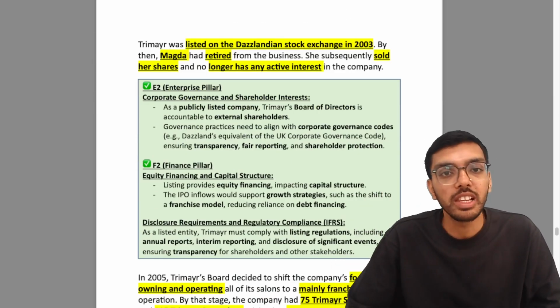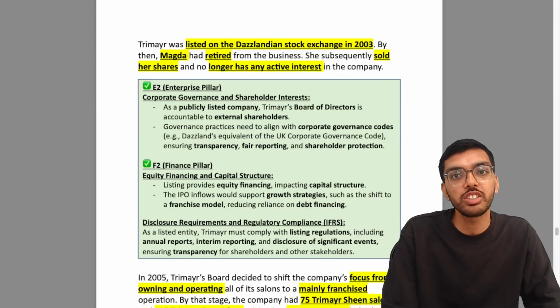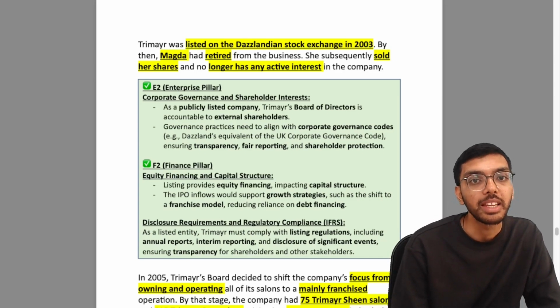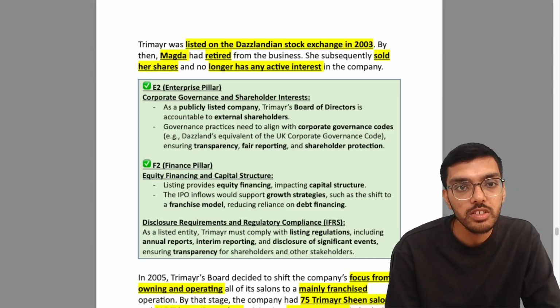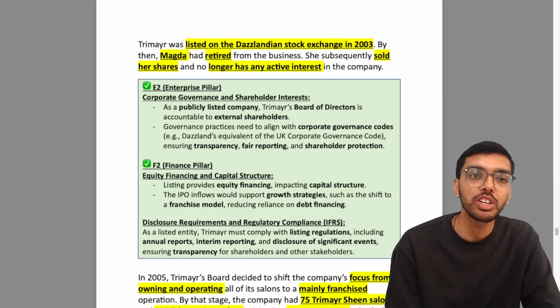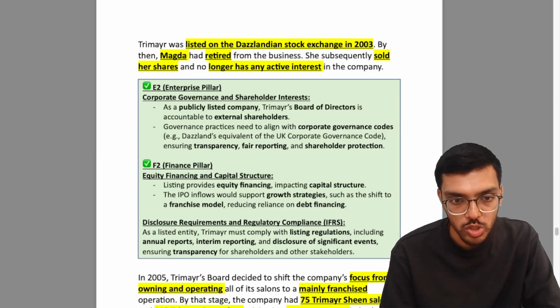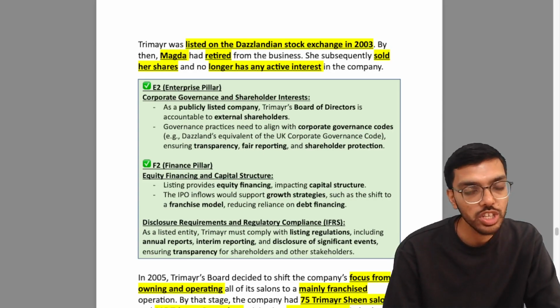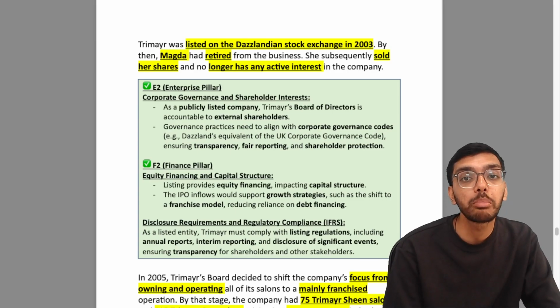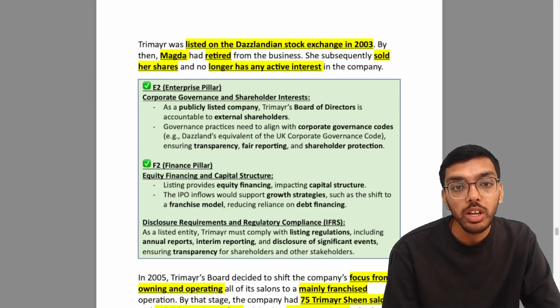So Trimayr was listed on the Dazzlandian Stock Exchange in 2003. By then, Magda had retired from the business. She sold all of her shares and no longer has any active interest. She made her money, sold, and she does not have any active interest. So as a publicly listed company now, Trimayr's board of directors are accountable to the external shareholders.